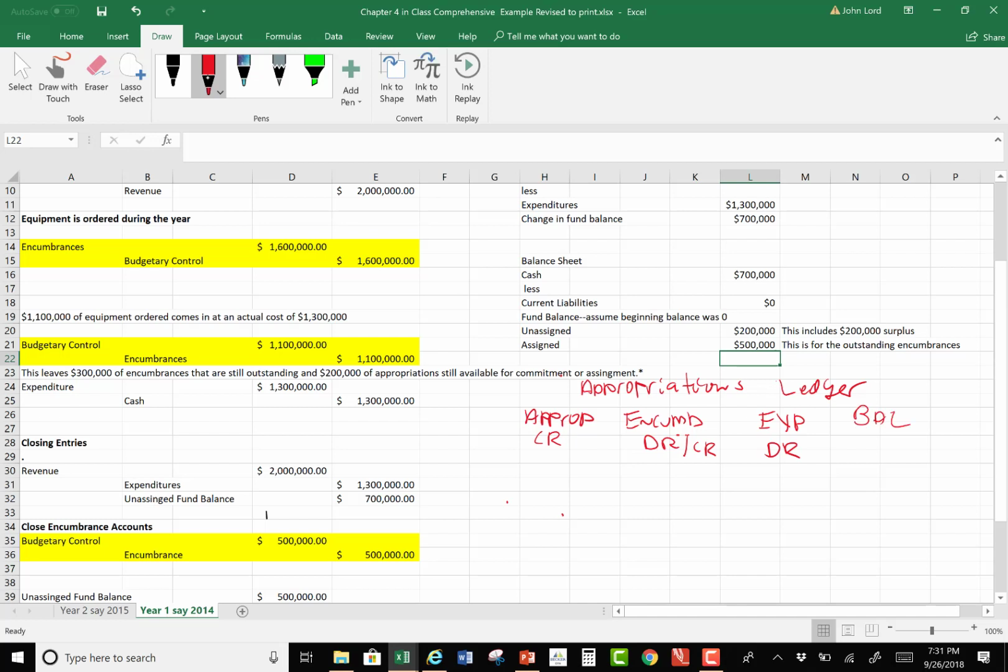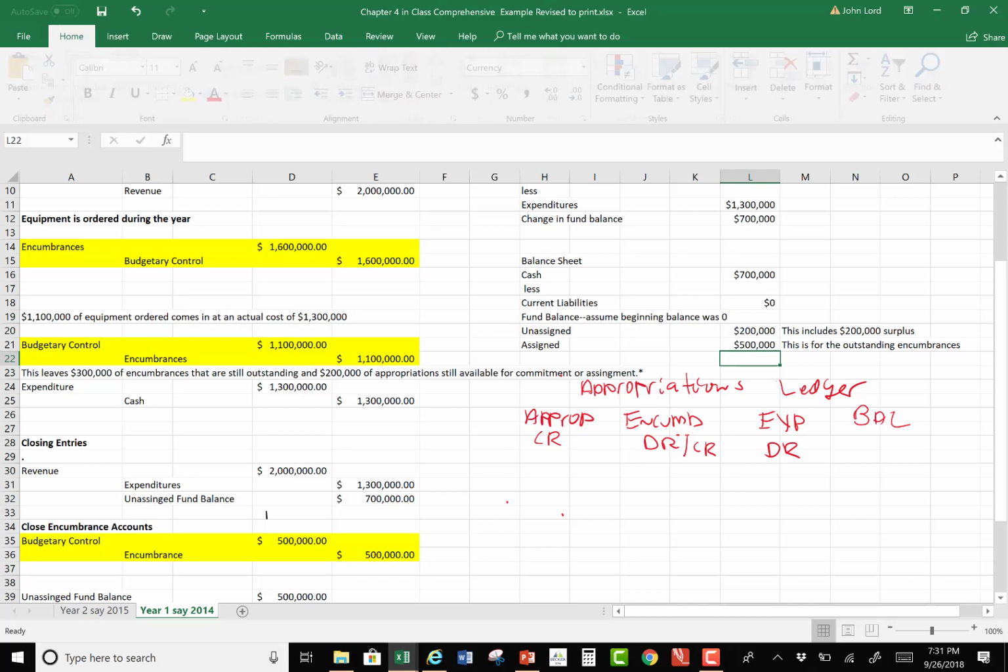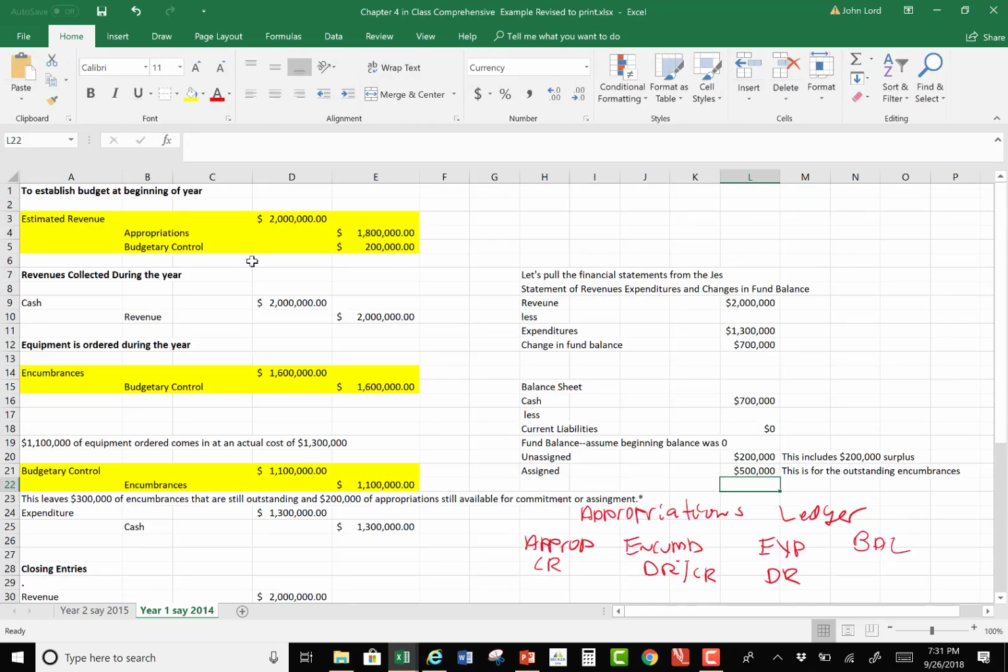With me so far? Okay, so these are columns here, and I'm going to go ahead and pick up that credit to my appropriation, which right now you're seeing up on this part right here, the credit to appropriation, 1.8 million. How much did I credit to my appropriation? 1.8 million.